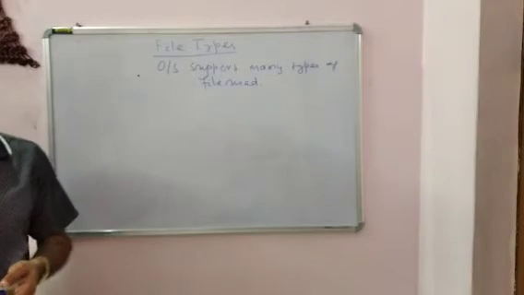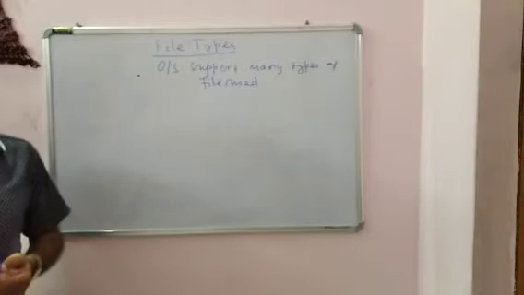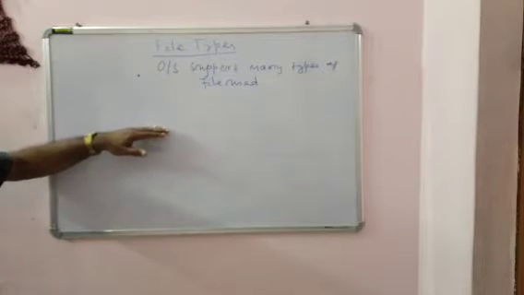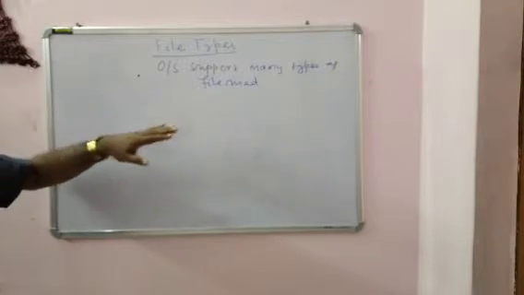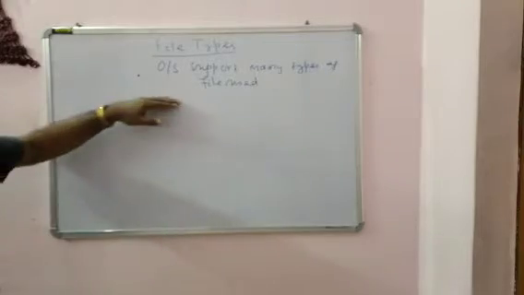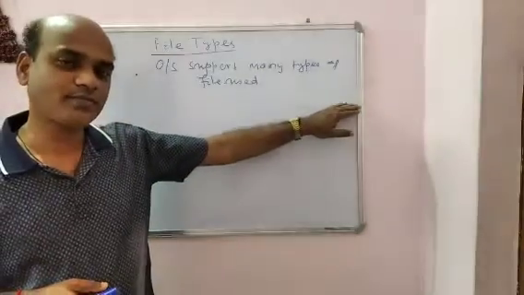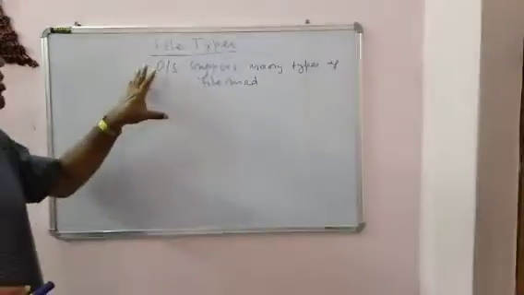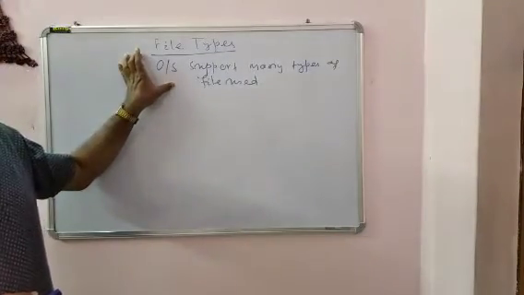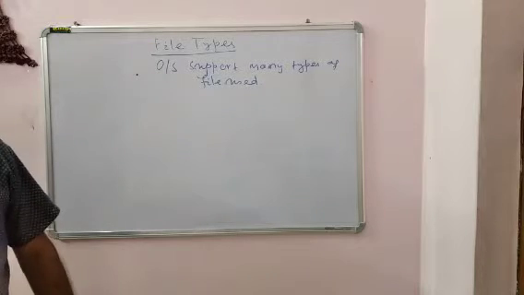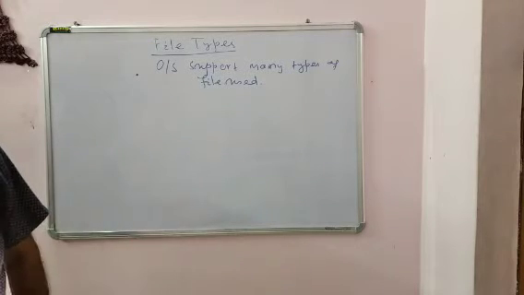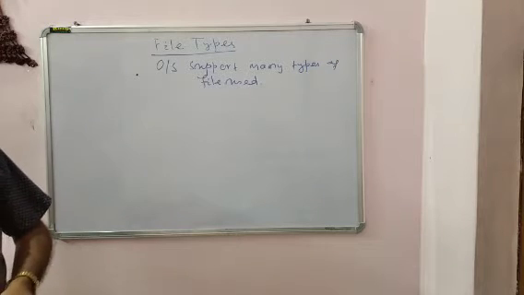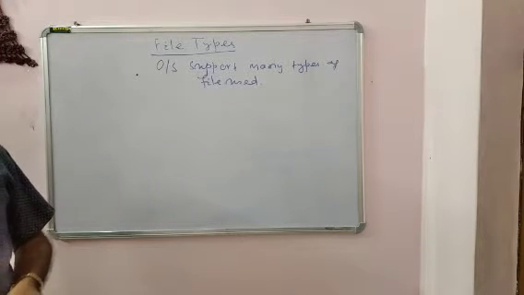If an operating system recognizes the type of the file, we can then operate the file in reasonable ways. How to implement a file is important, and that must be supported by the operating system. A common technique for implementing file type is to include the type as part of the file name.